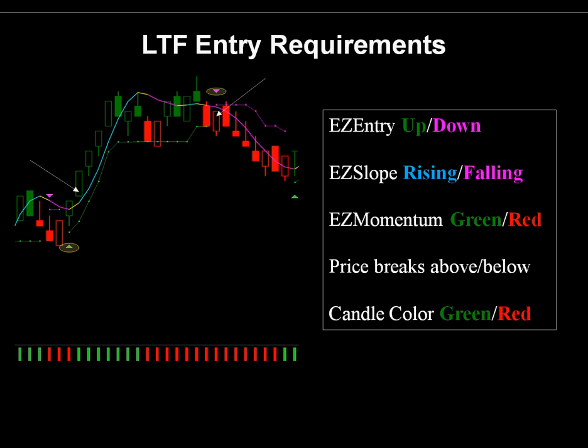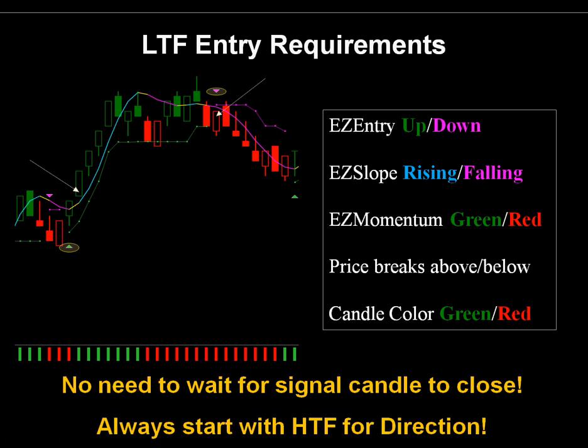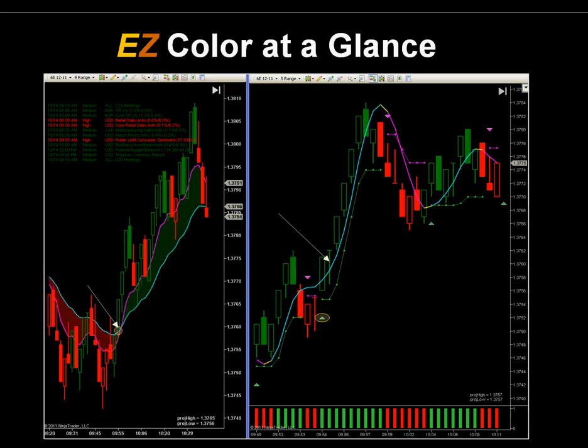And last but not least, the candle color has to align with the trend direction or with the signal direction we're going to take. Again, we do not need to wait for the signal candle to close. And also, we must always start with the higher time frame for direction first.